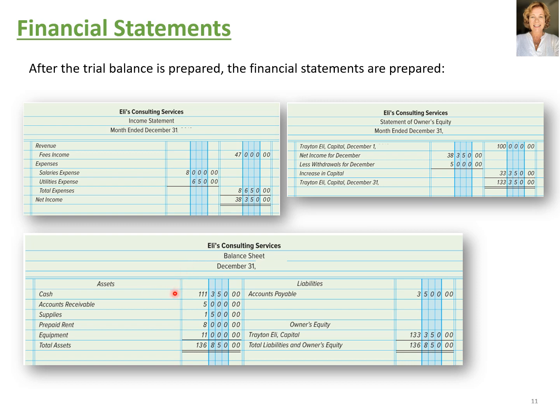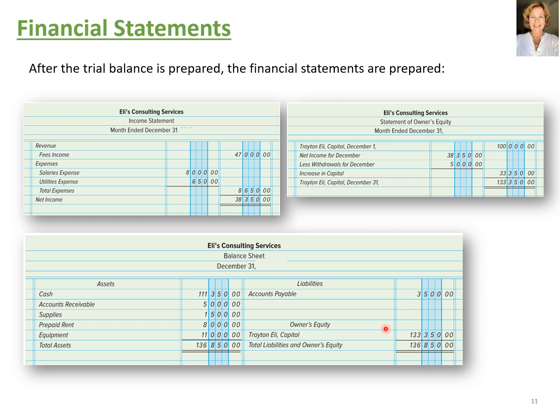We first list out all of our assets: cash, accounts receivable, supplies, prepaid rent, equipment, for a total of $136,850. And we list our liabilities on the right side, starting with accounts payable, $3,500.